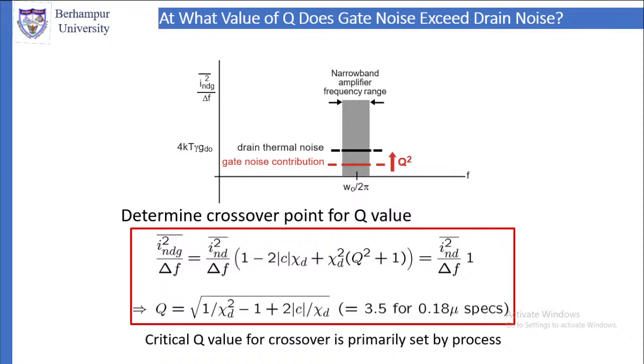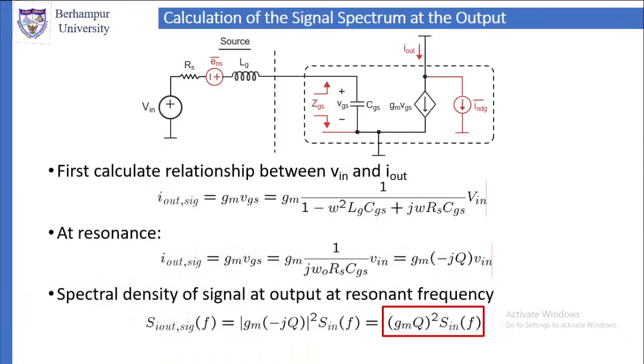The term in the bracket should be equal to 1. When the term within the bracket becomes equal to 1, that is the crossover point. That will be when Q is equal to the square root of 1 by xi d square minus 1 plus 2 times absolute C by xi d, which is equal to 3.5 for a 0.18 micron device. So the critical Q value for crossover is primarily set by the process, meaning the manufacturing process.